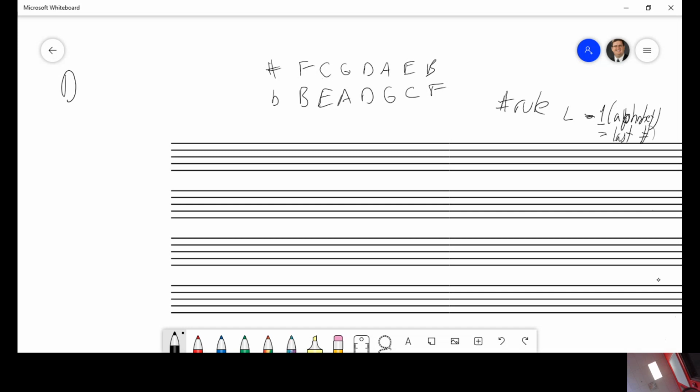Let me do that again. If I'm asking you what is the key signature for D major, you go back one in the alphabet, that's your last sharp. Go back one from D is C. C is my last sharp. Therefore, D has F sharp and C sharp.